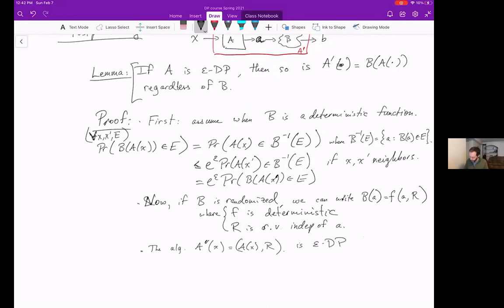If you want, you can think of this as a special case of composition, although it's certainly simpler than that. And now the algorithm we really want to think about, B of A of x, is just F applied to A of x and R.